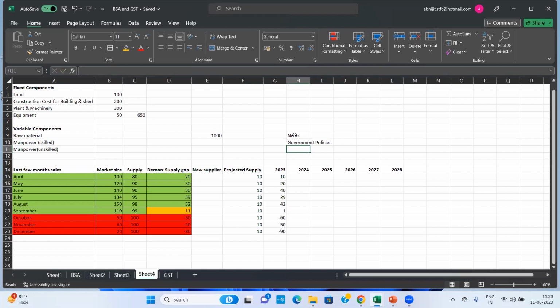Do government policies affect your demand supply? It does, right?